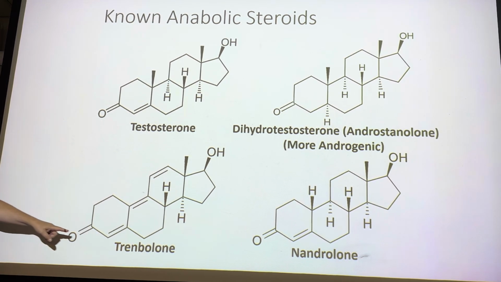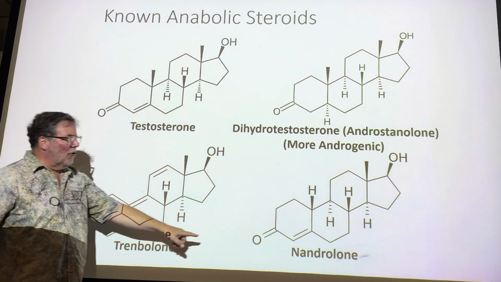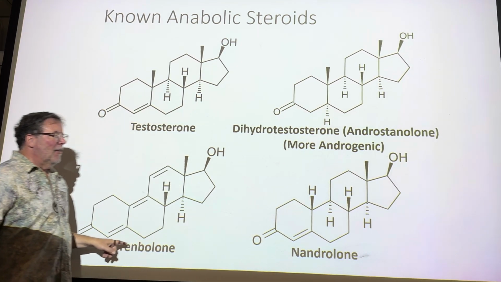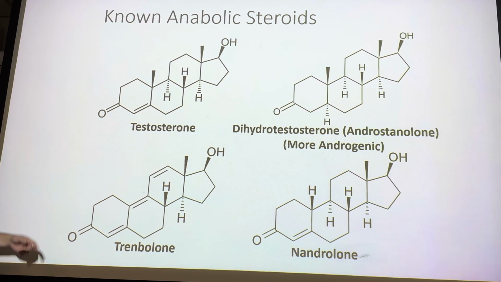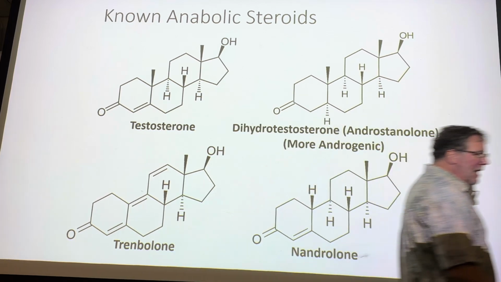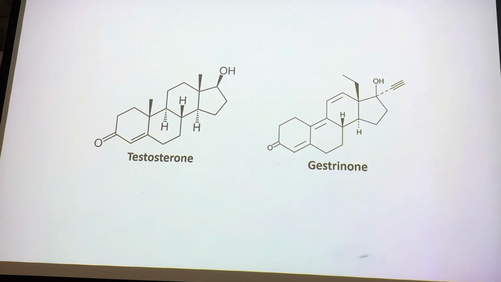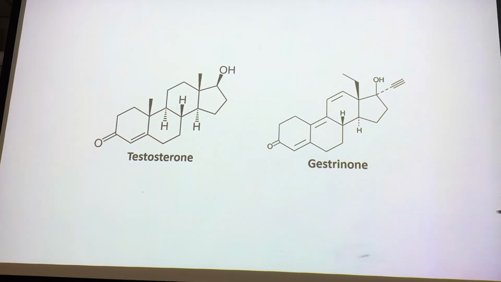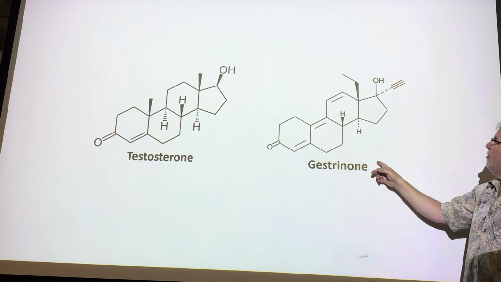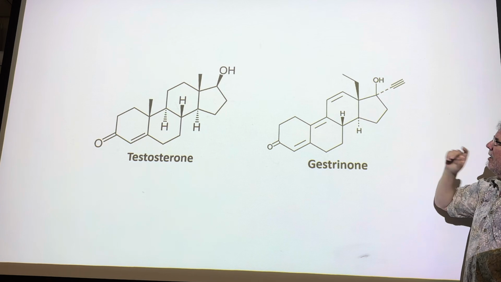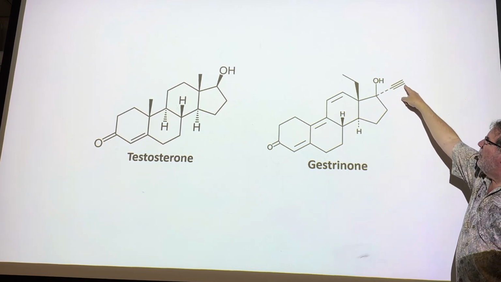Here's a couple of well-known artificial anabolic steroids that have been used or abused in both people and horses. Here's the structure of testosterone again. Here's another one called gestrinone. And if you notice, it has this alkyne up here.